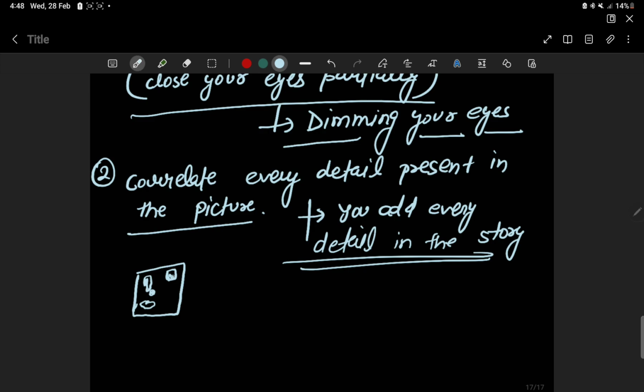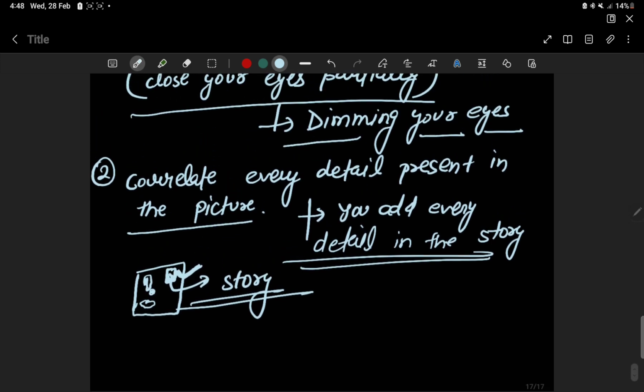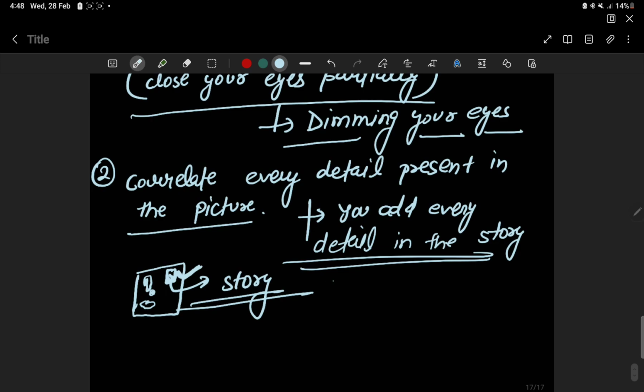This picture of his father, or whatever you observe, should also come in the story. Every minute detail should be correlated in the story and added.